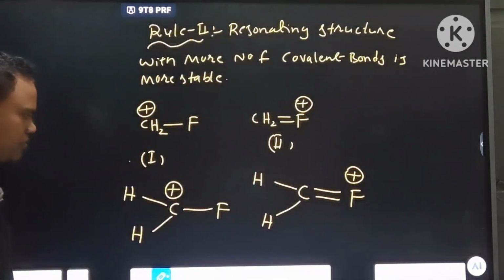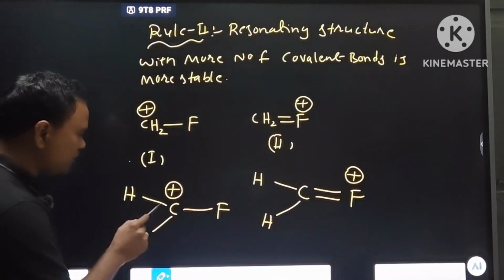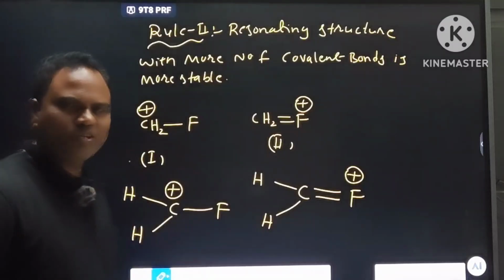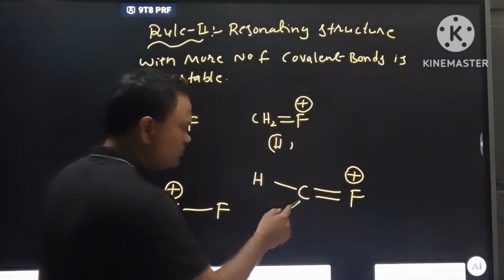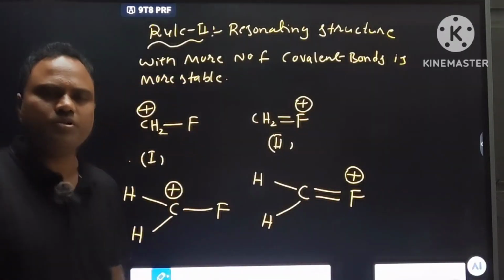I expanded the structures. 1, 2, 3. 3 covalent bonds are present, right? Here 1, 2, 3, 4. 4 covalent bonds are present.